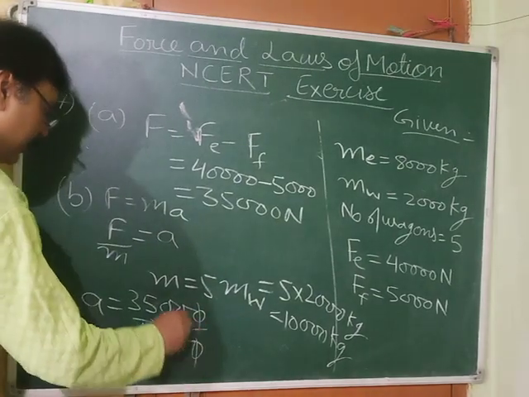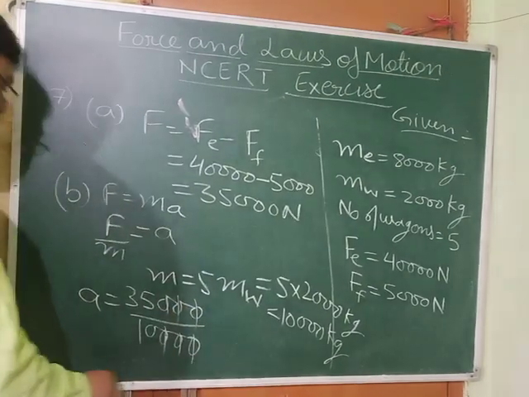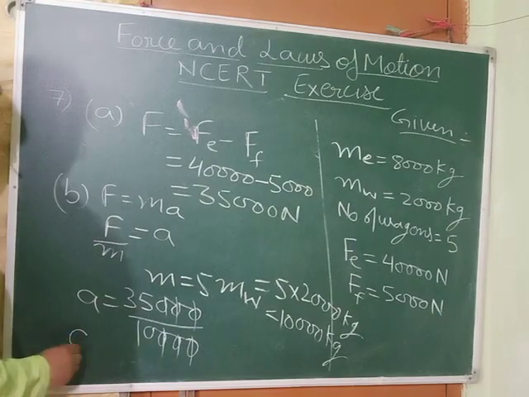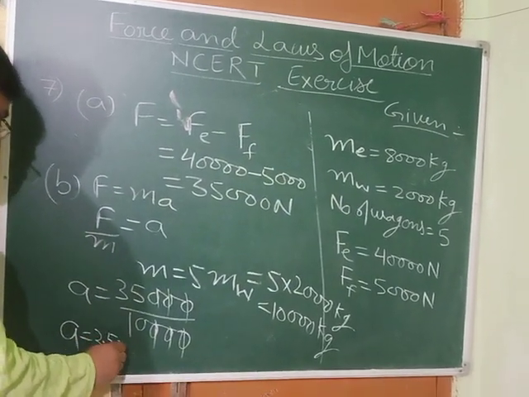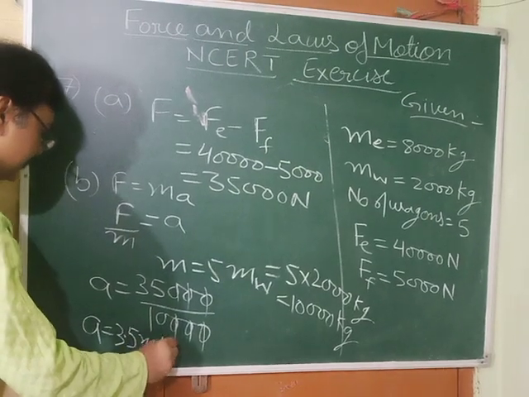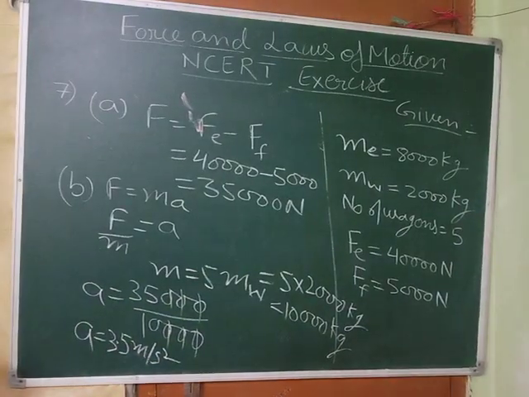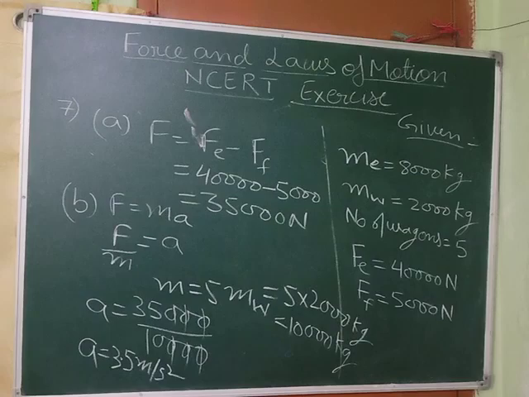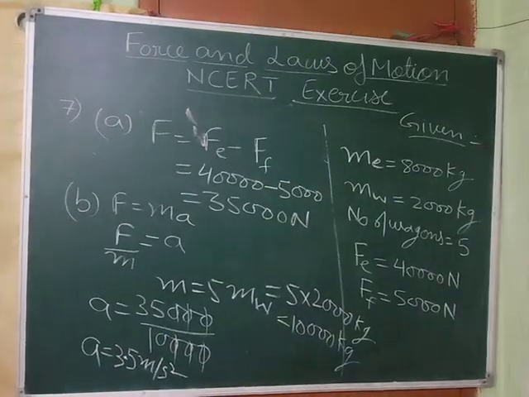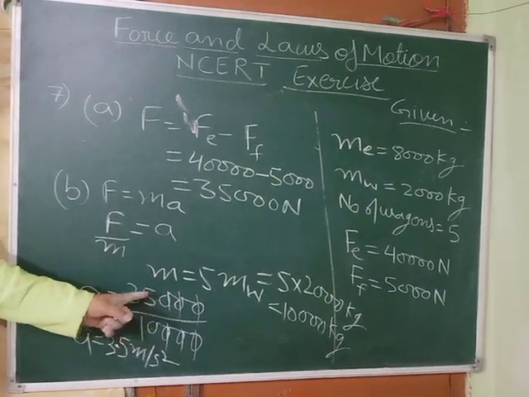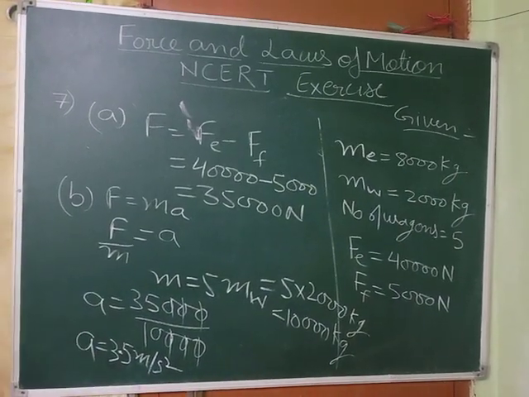So you can cancel 1, 2, 3 zeros. 35 by 10 is how much? a is equal to 3.5 meter per second square. That is the acceleration. This 10 we have used to shift the decimal from here to here. That's why we are getting 3.5.